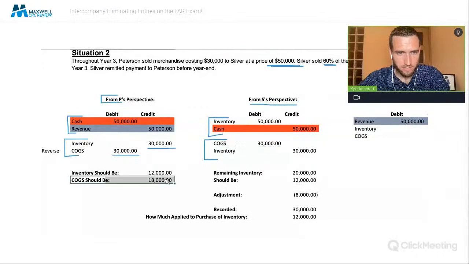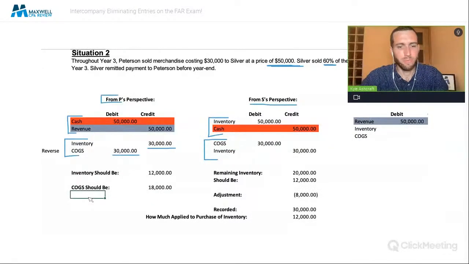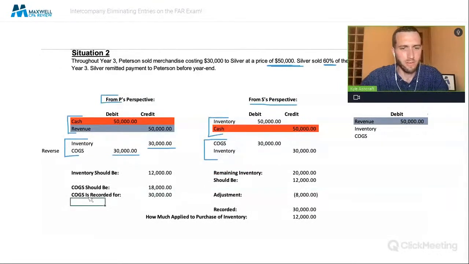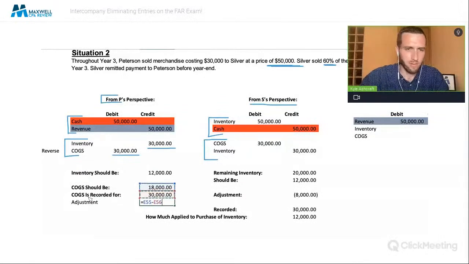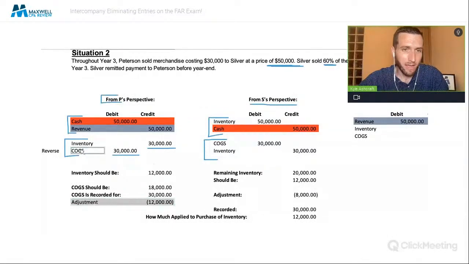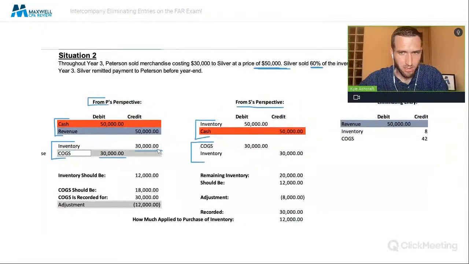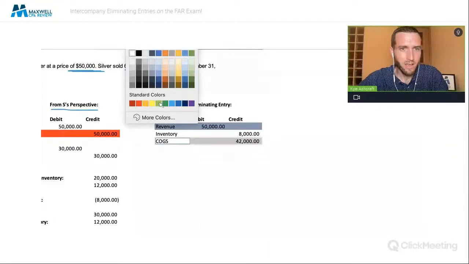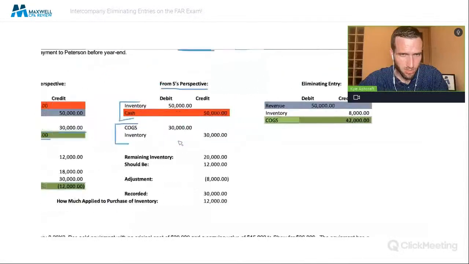So what should it be? Cost of goods sold is recorded for 30,000. So the adjustment is the difference. We need to decrease it by 12,000. So we need to decrease it by 12,000 here and then by 30,000 here. So we're going to have a total cost of goods sold adjustment of 42,000.